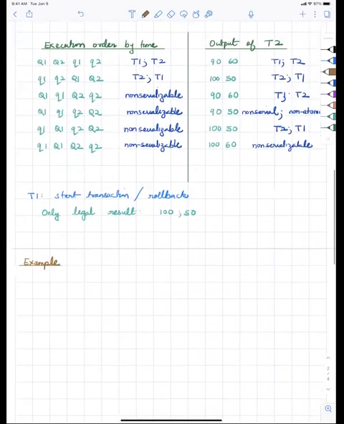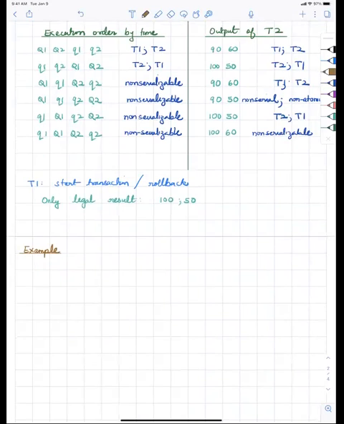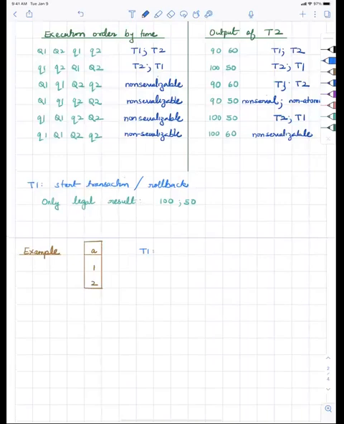So again, when I do examples, I'm going to look at a very small one. We have a table with just one attribute A and two values, 1 and 2. And we have the following transactions. We have T1 with Q1 and Q2, and then you have a commit.